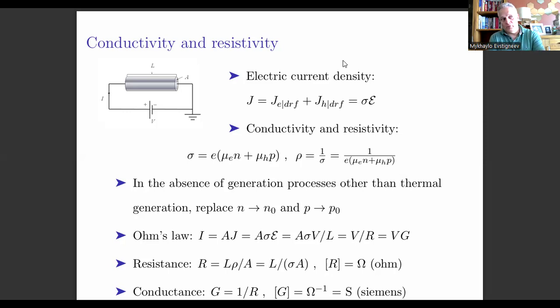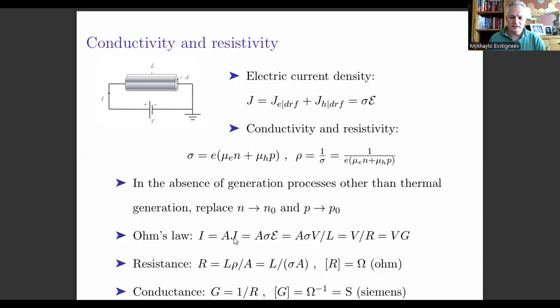Current tells you how much charge is transferred through the whole thing per unit time. So to relate the current density to the electric current, you simply need to multiply the current density with the cross-sectional area of your bar. So A is the cross-sectional area, I is the current, I equals A times J.